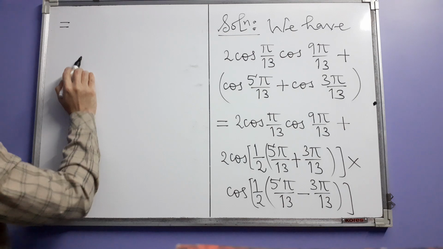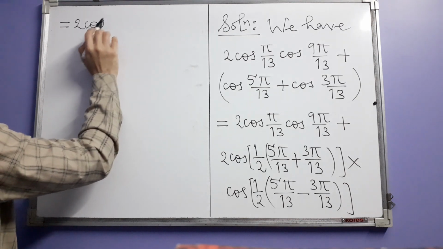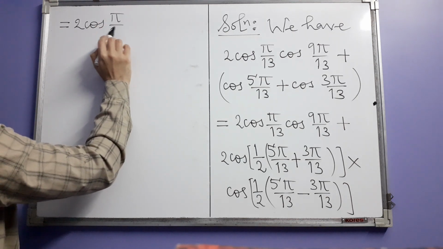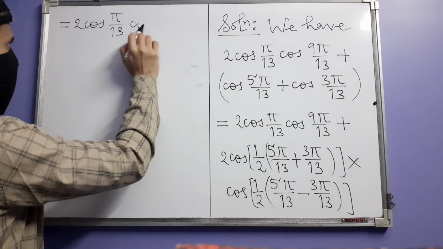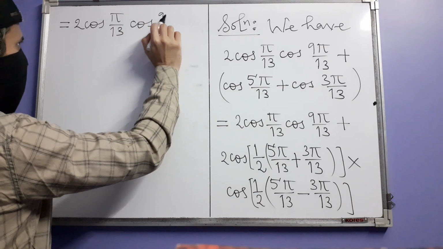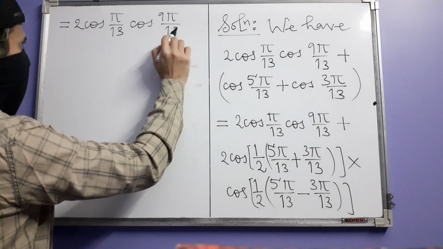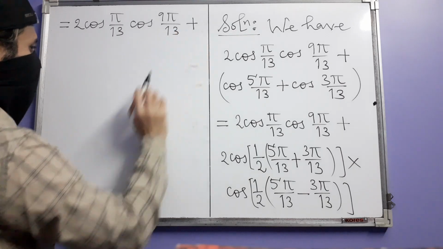So this equals 2 cos pi over 13 times cos 9 pi over 13 plus.